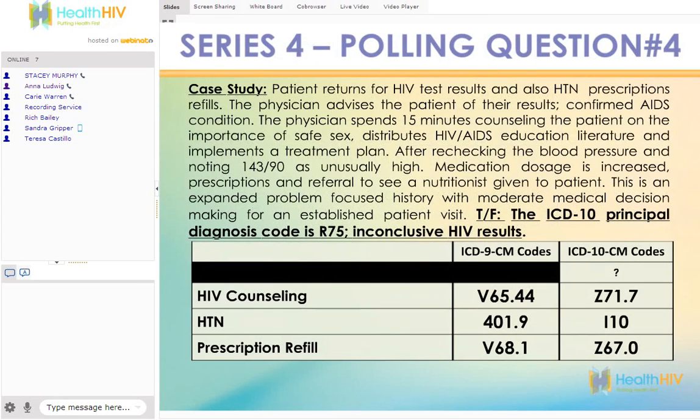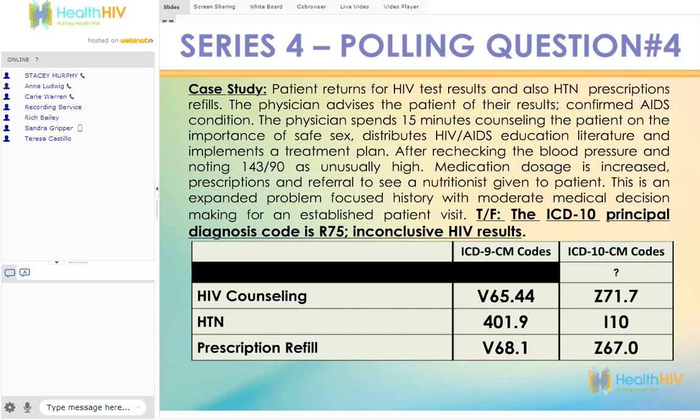So this is our final polling question. This patient returns for their test results, and they also need a prescription for their hypertension medication. The physician sits with the patient and tells the patient that they have AIDS.